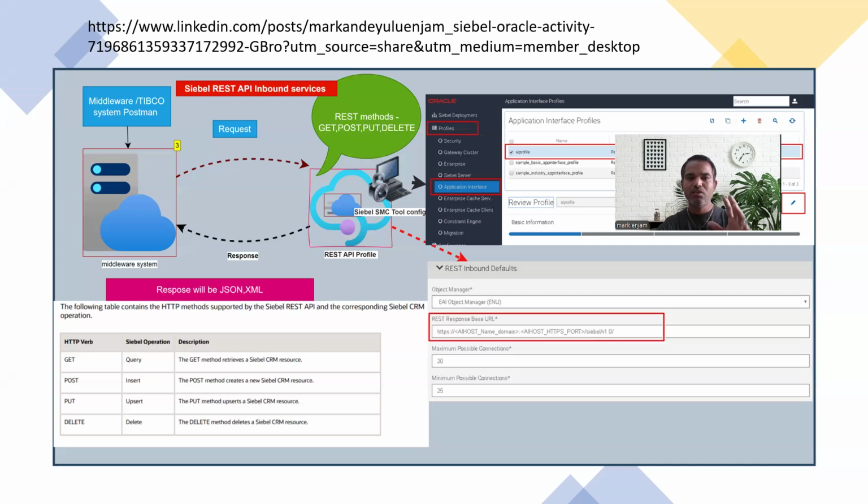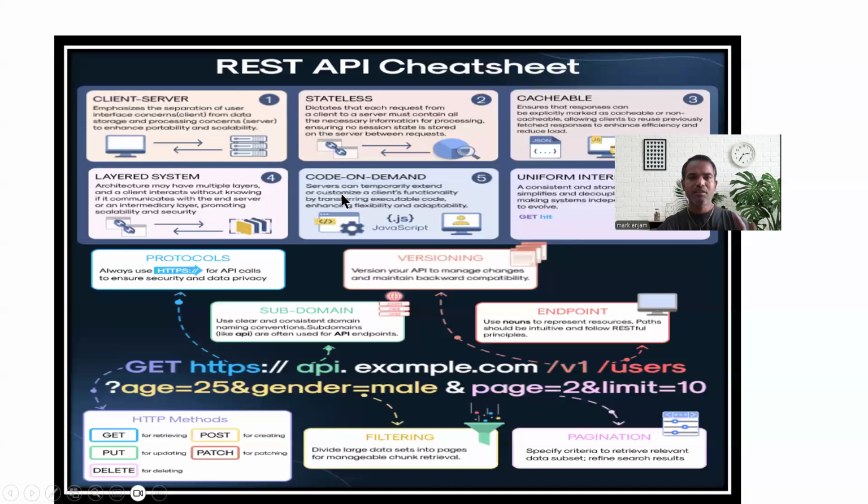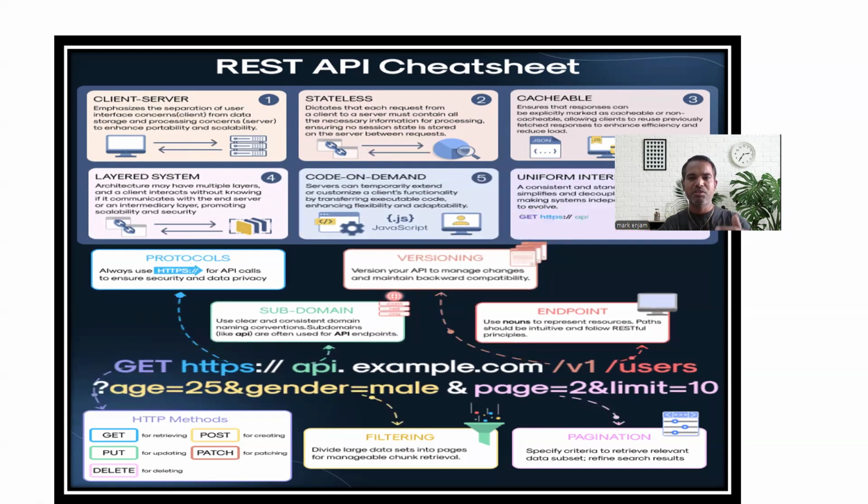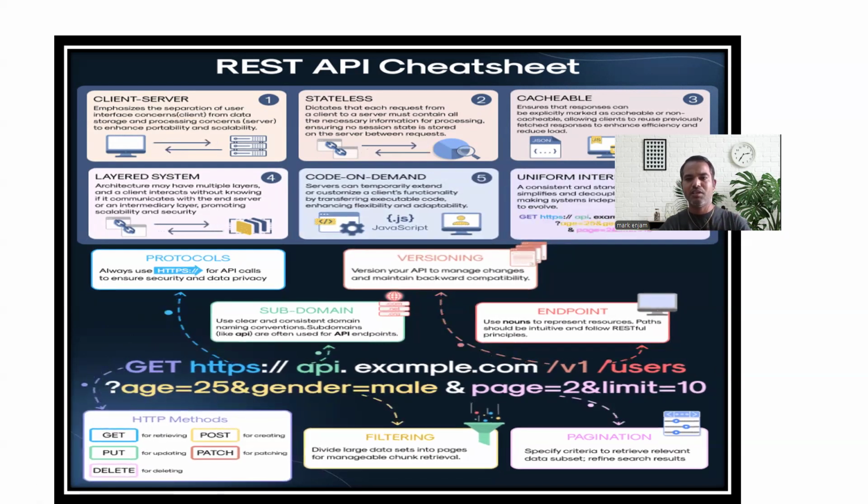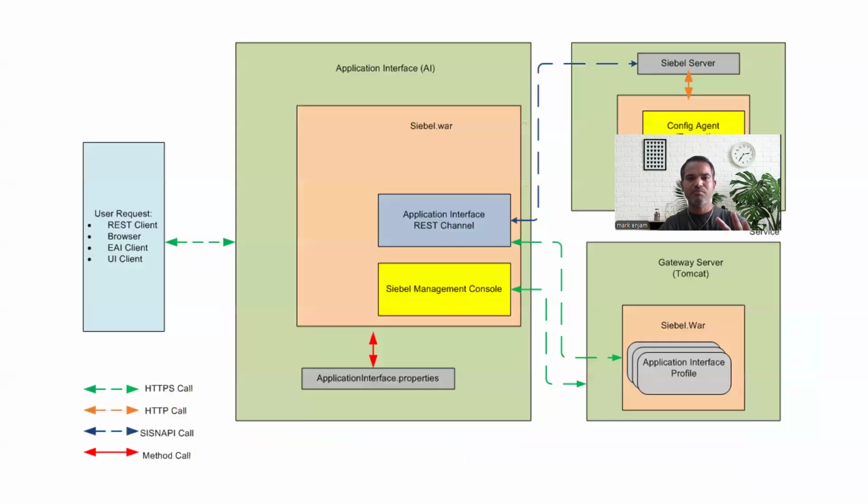Now, how the URL is represented, you can see here. This contains the protocol, and in a previous LinkedIn post, Bridget Pandey has uploaded this kind of representation. You can follow him. In a similar way in Siebel, this is how the application interface is represented.